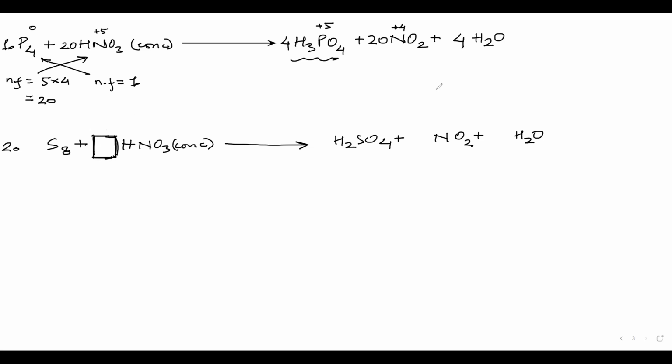Calculate the oxidation state here, which will be 0. Calculate the oxidation state here, that will be maximum. Send me in chat when you have done. Send me the coefficient of HNO3.